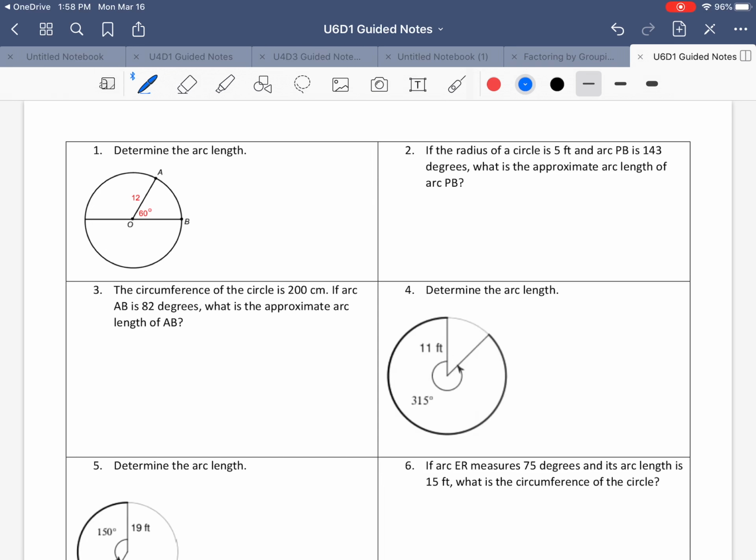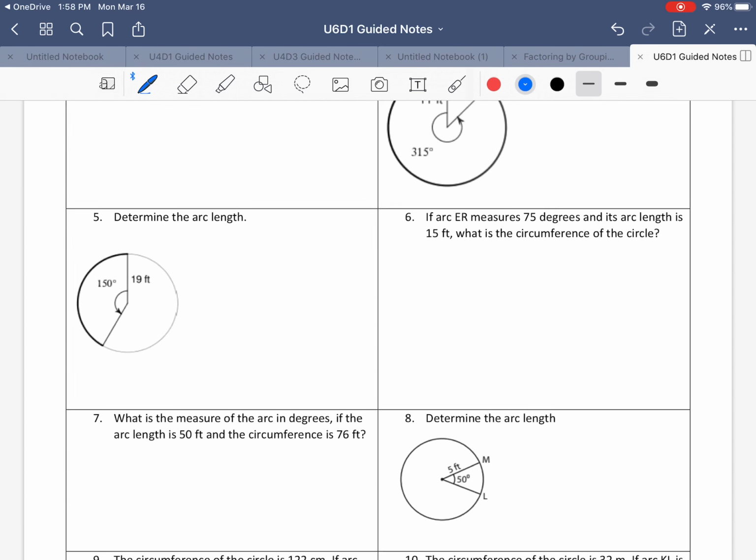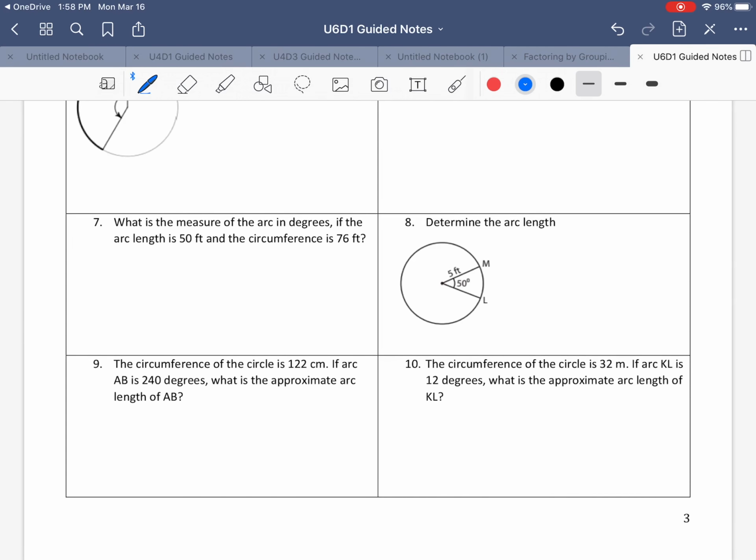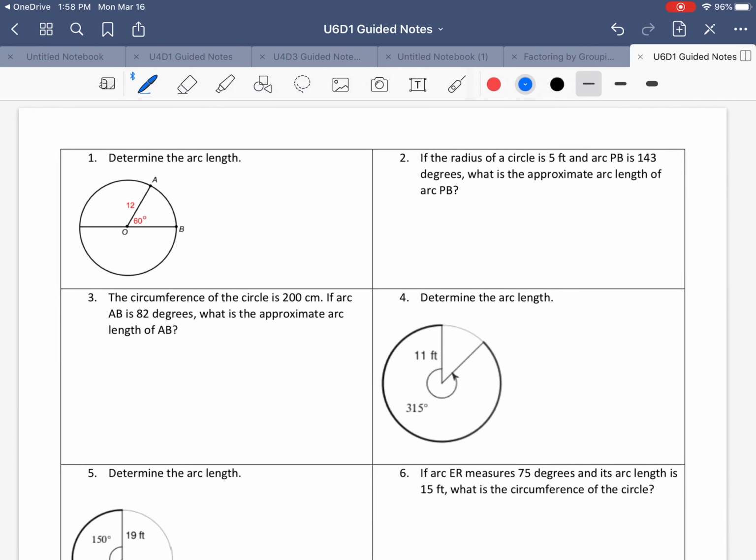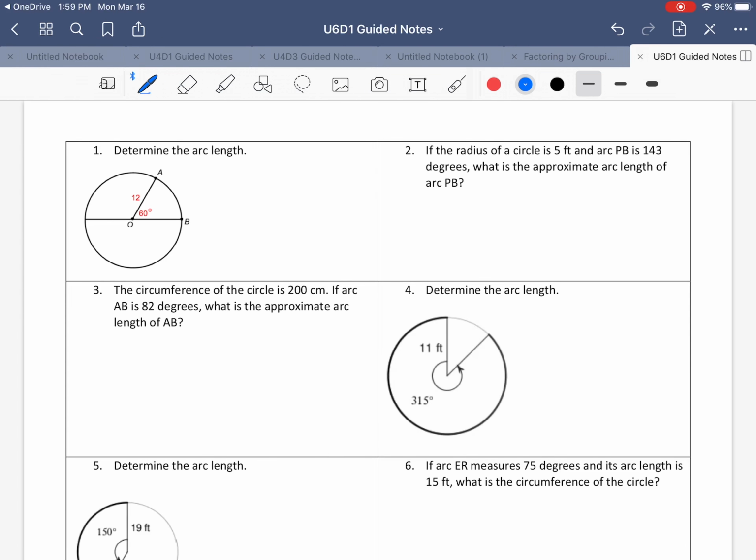All right, so in these notes, I've actually embedded some practice questions for you. On a separate sheet of paper, I want you to go through and answer all 10 of these questions. On your exit ticket form, the Google form, is going to ask for you to upload a copy of your work. So you can take a picture of the work that you've done and upload it onto your exit ticket so I know that you've done these practice problems.